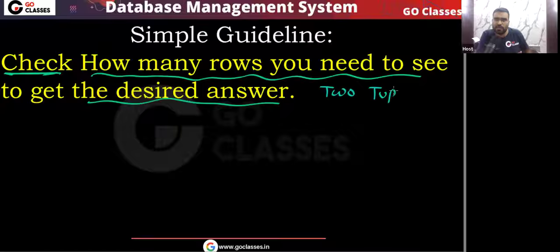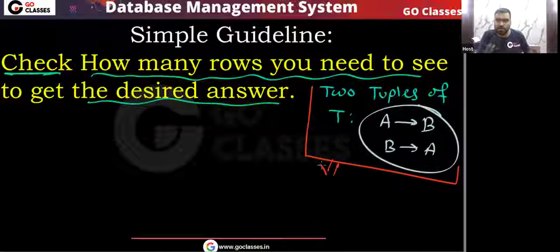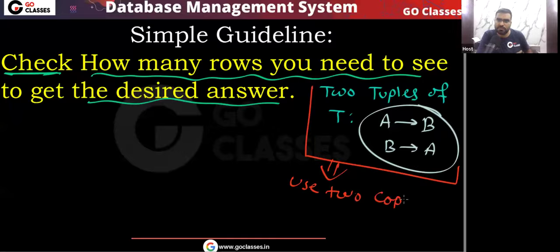My desired answer will be given by two tuples of T. For example, you can see A follows B, B follows A. So two tuples of T are giving me my desired answer. So it means I need two copies of table T. Correct. So use two copies of table T.